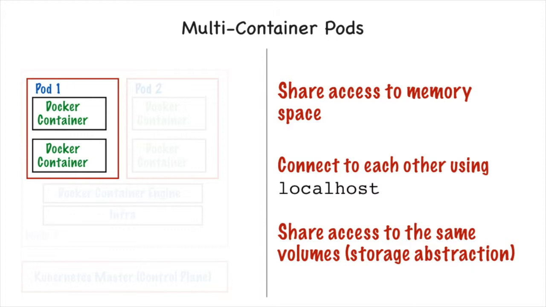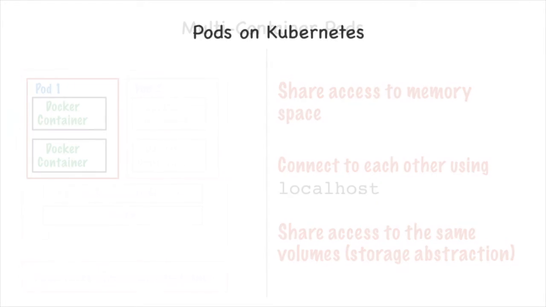And they will also have common access to storage abstractions called volumes, which we have yet to introduce. So we should only have multiple containers running inside a pod if we explicitly want those containers to be tightly coupled with each other. That is not the usual use case. The common use case is to have just one container running inside a pod.